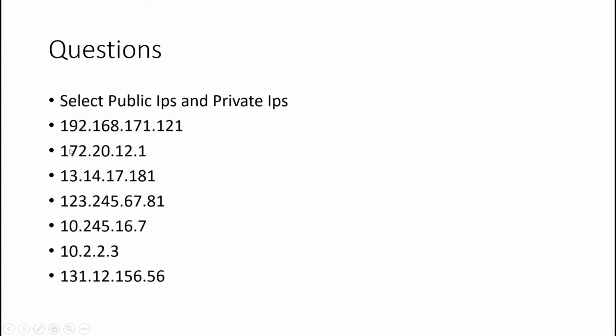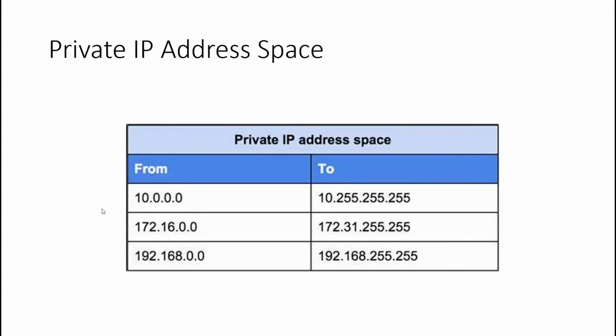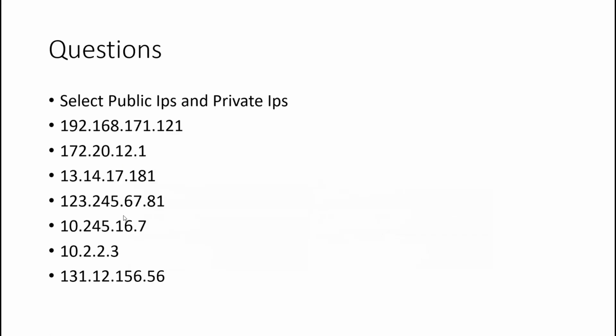Come to the next one, 172.20.12.1. Come back to the table. This is within the range of the second row, 172.16.0.0 to 172.31.255.255, so it is also a private IP address.